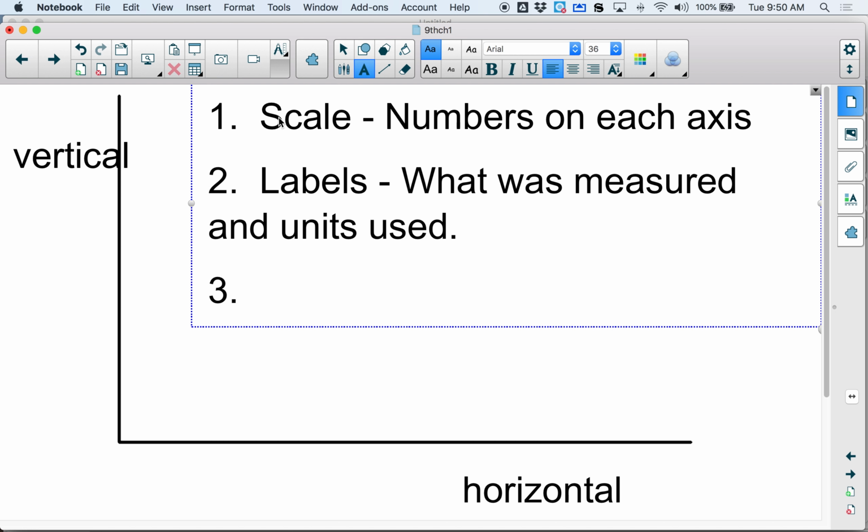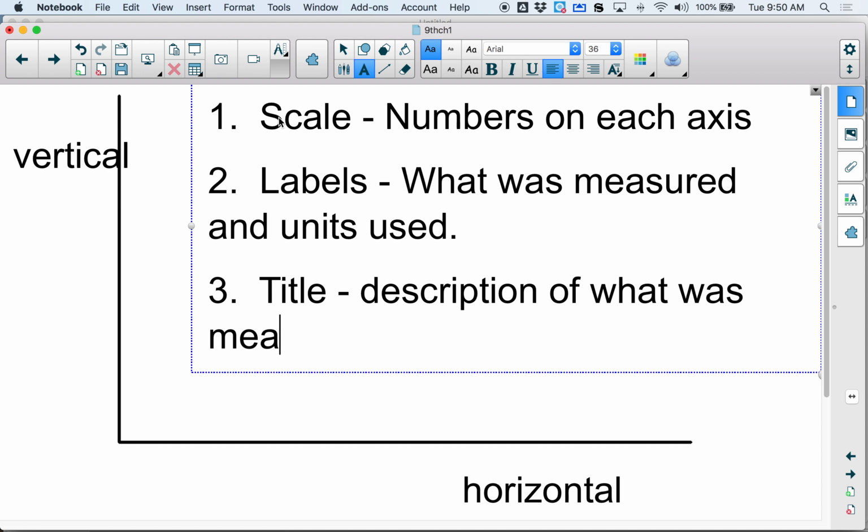Okay, and then finally, every graph should have a title. And a title should be a description of what was measured.